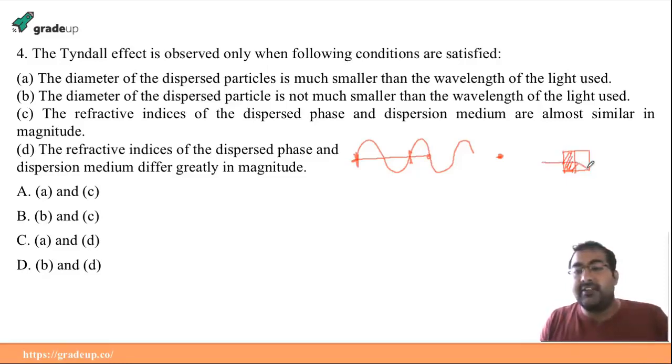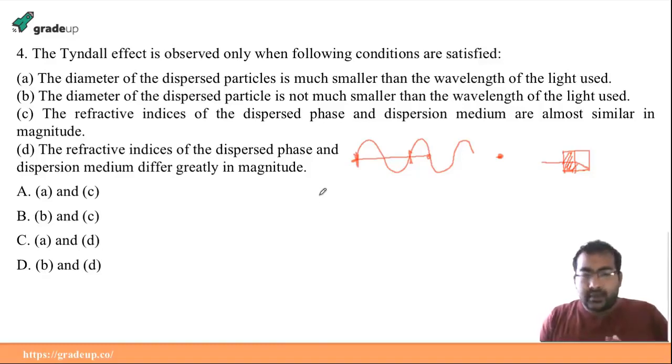So it is telling that the refractive index in these two media will be almost similar or will differ greatly in magnitude. So one of A and B will be correct and one of C and D will be correct. You have to identify which of them. It's a very simple thing. Why it's simple, I'll tell you.